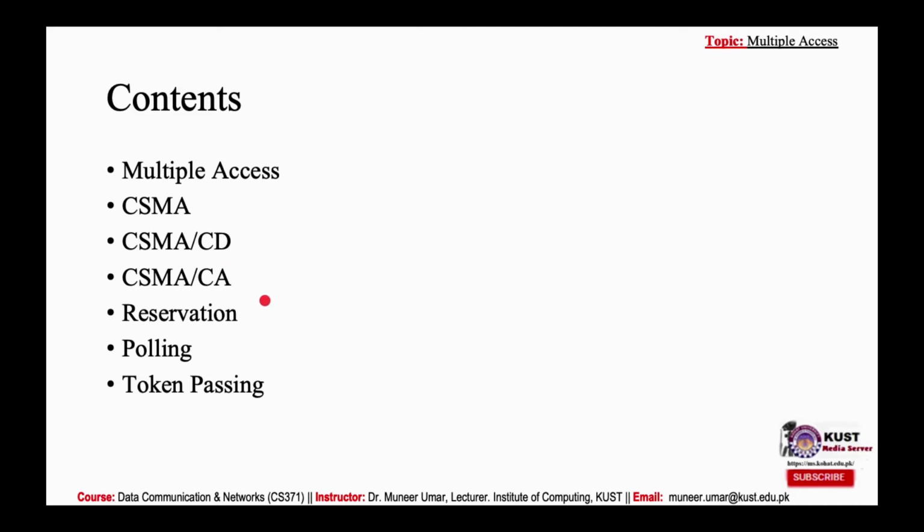After that, we have reservation, polling, and token passing. These three protocols are known as random access protocols, and these three protocols are known as control access protocols. So in this lecture, we will be studying all these six protocols.